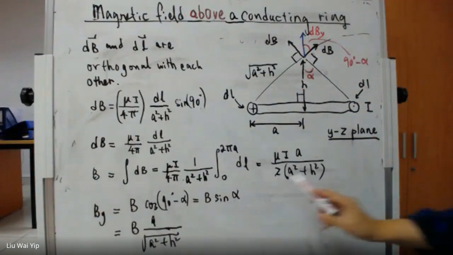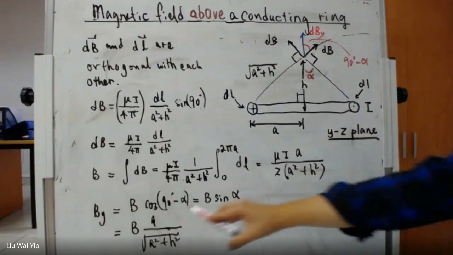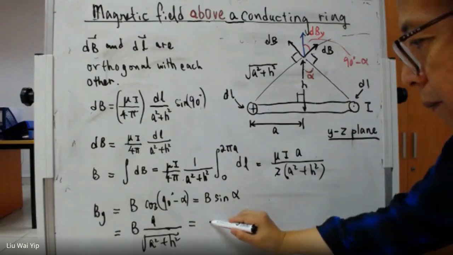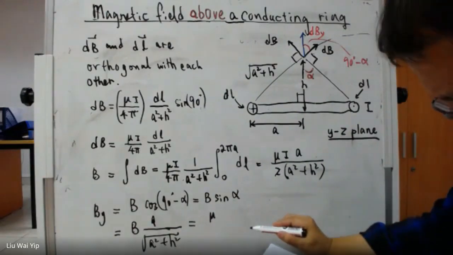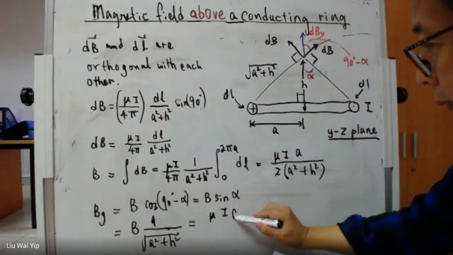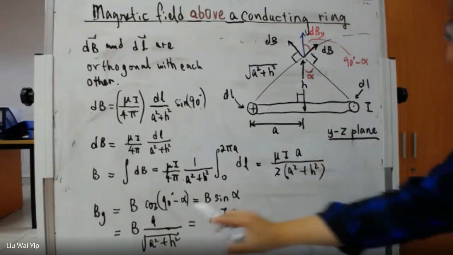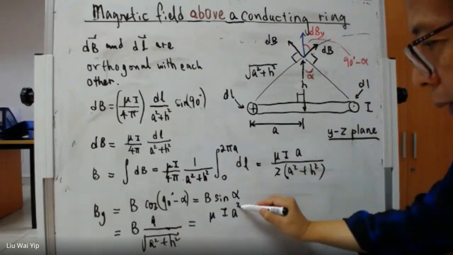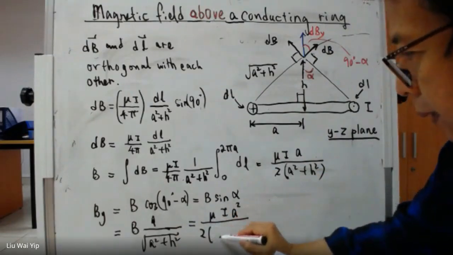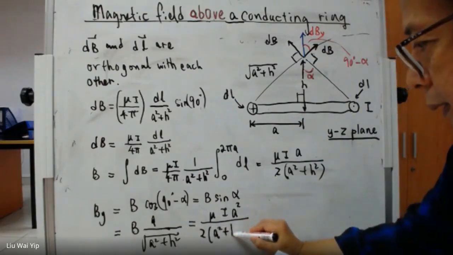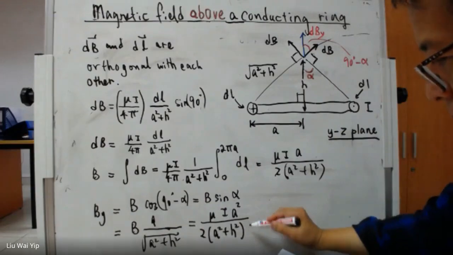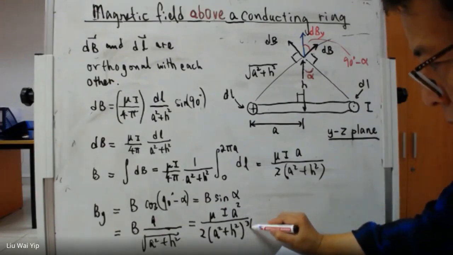If we substitute the variable B into this expression, we are going to get mu I a squared divided by 2 times (a squared plus x squared) to the power of 3/2.